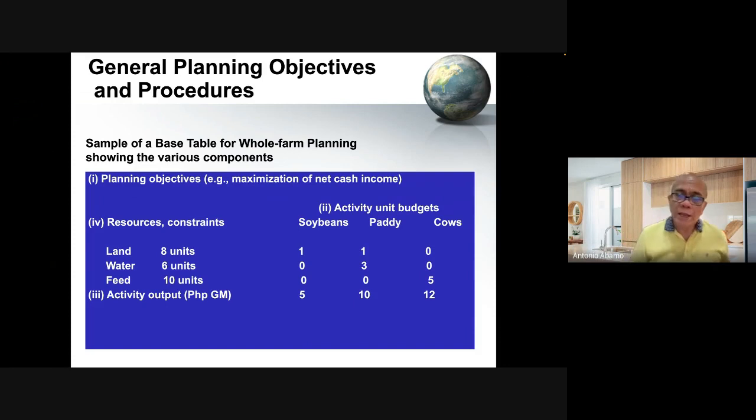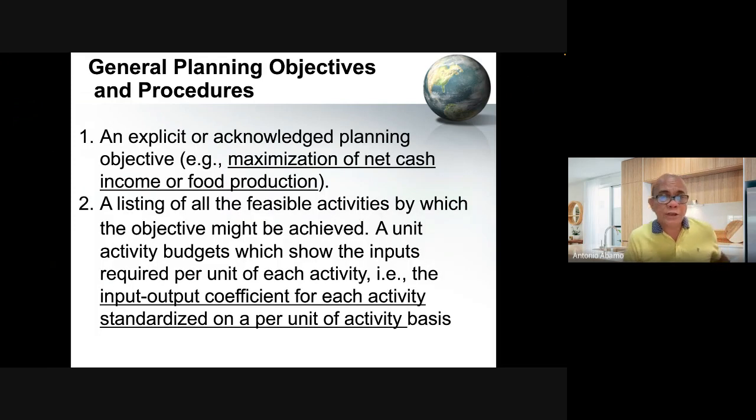That means to say these are the different activities. Each different resource will have a different requirement per activity. An explicit or acknowledged planning objective could either be maximization of net cash income or optimal food production.